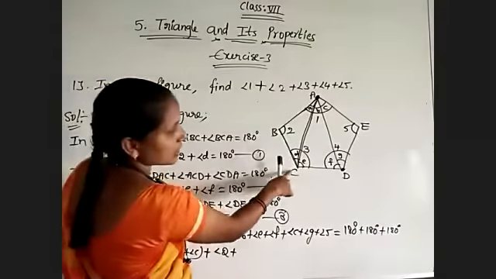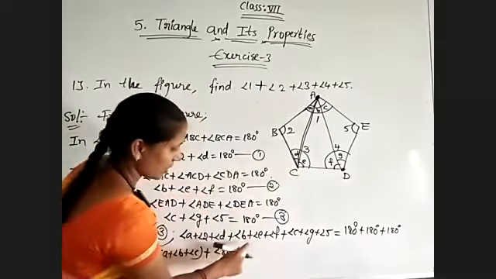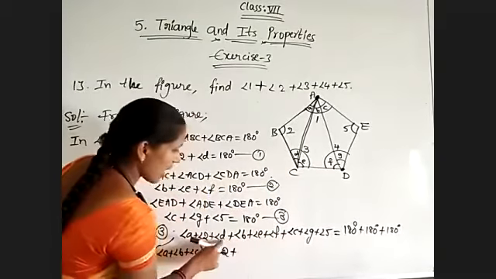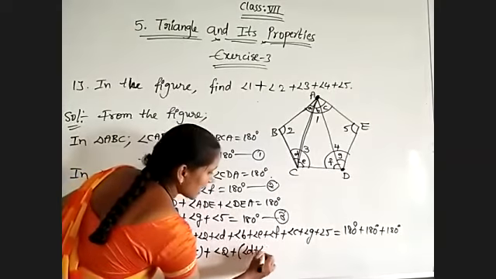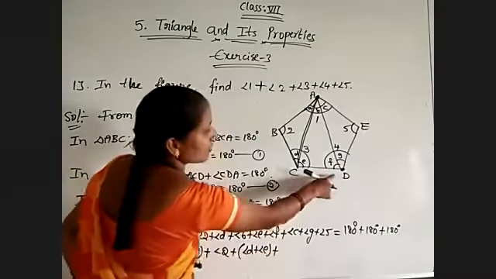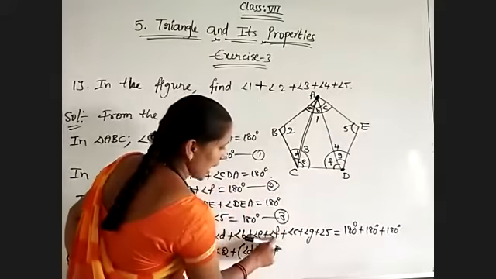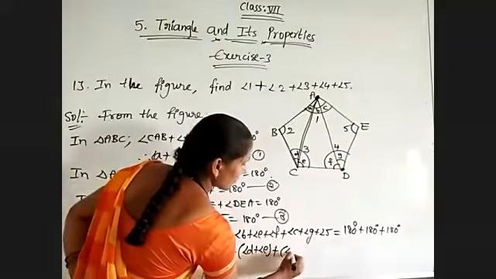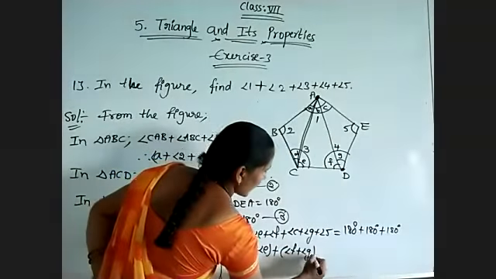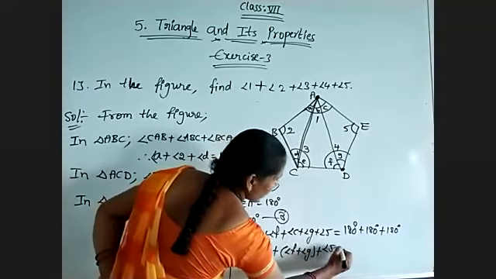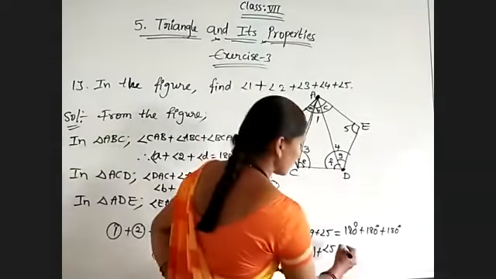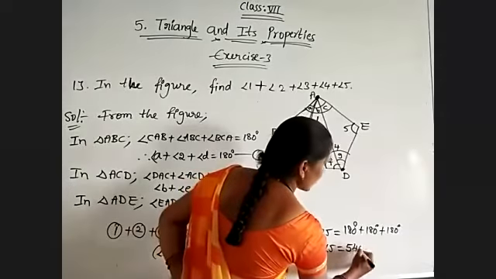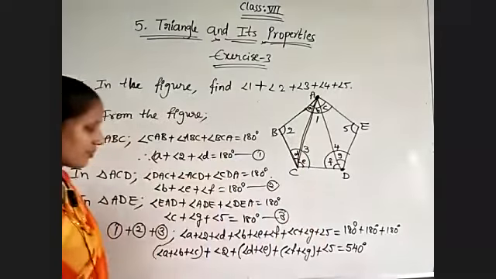For C, D and E we have angle D plus angle E also. So in a bracket I am writing angle D plus angle E, and after that for D, F and G, angle F, angle G. And angle 5 is already there. 180 plus 180 plus 180 is 540 degrees.